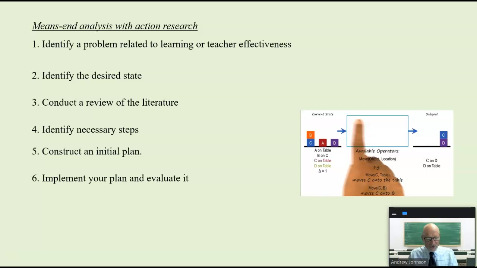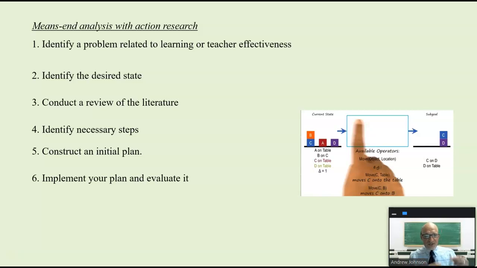You conduct the literature review looking for research-based strategies directly related to your identified problem. This enables you to connect the research, again, directly to your classroom. Identify the steps necessary or the conditions necessary to get from the current to the desired.